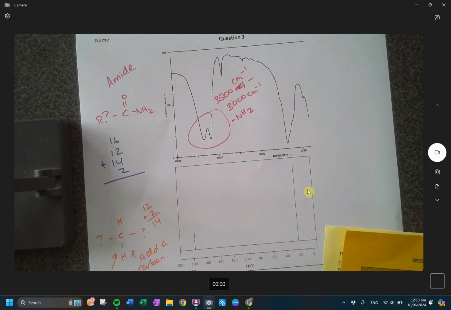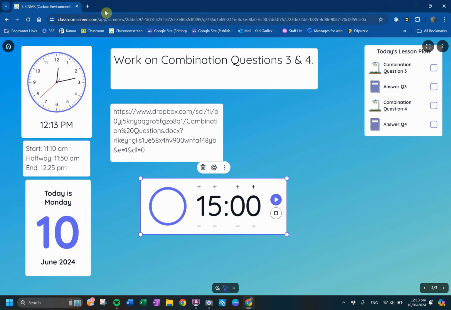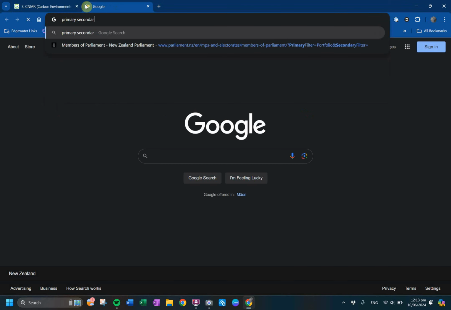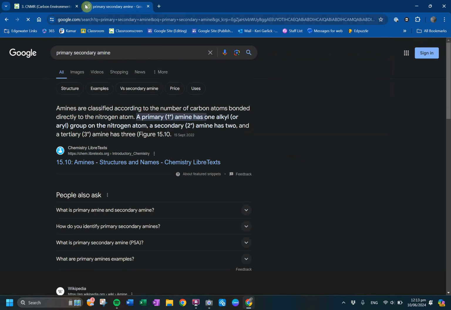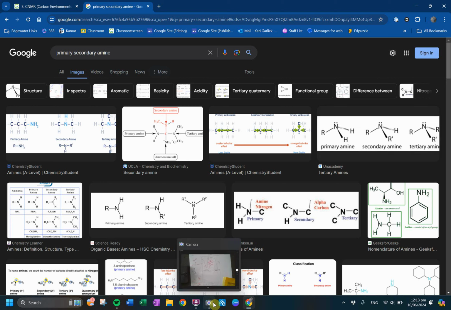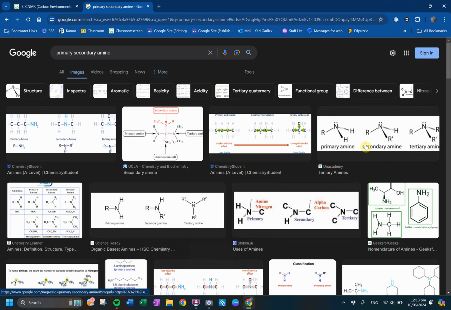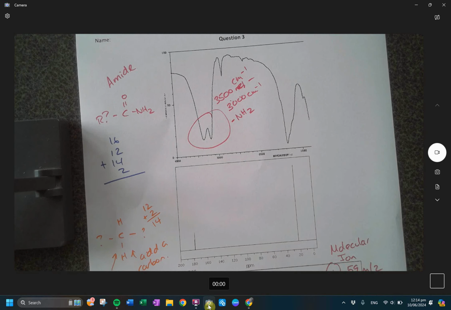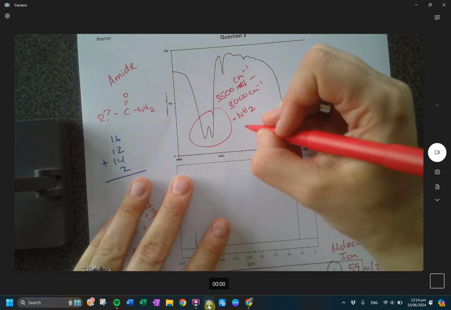While you do that, I'll look that up. Oh yeah, I was right the second time. Sorry, let me just show it on the board. Okay, so primary has the 2 hydrogens, so I was right the second time. Can't always trust my brain sometimes. All right, so this is a primary amide.